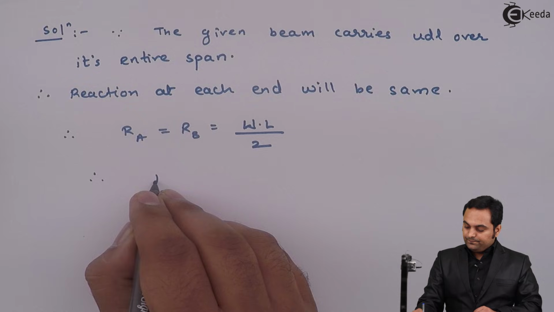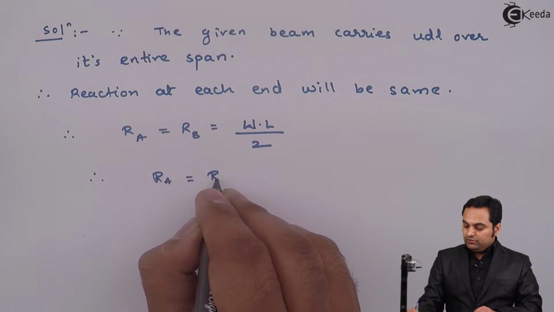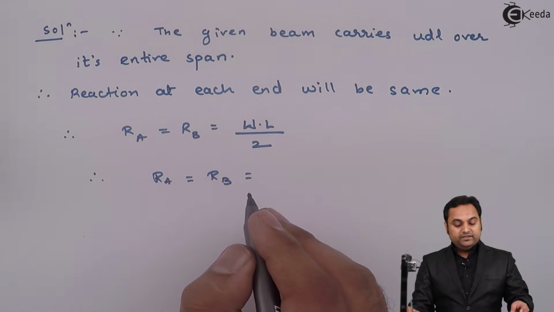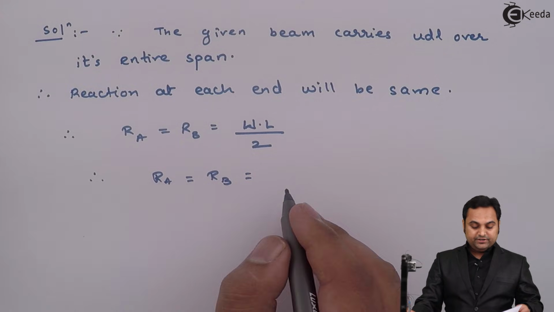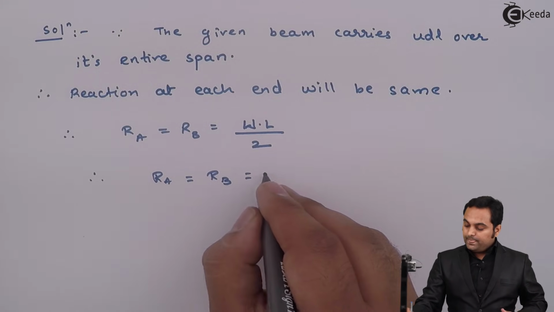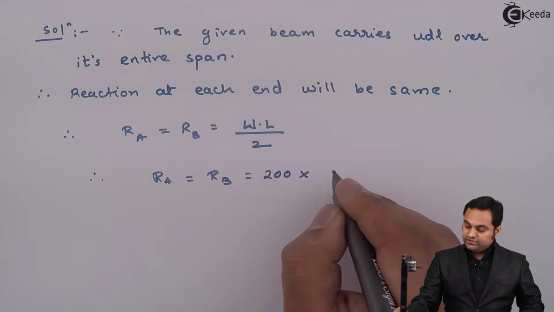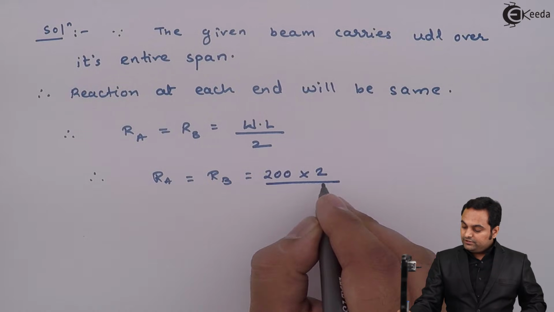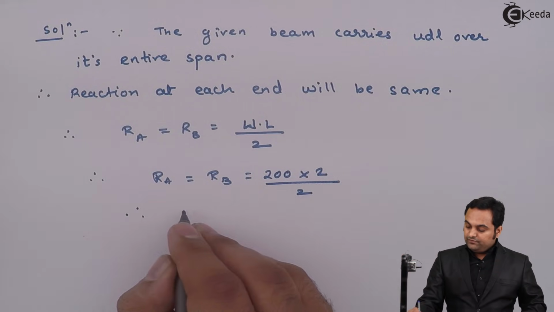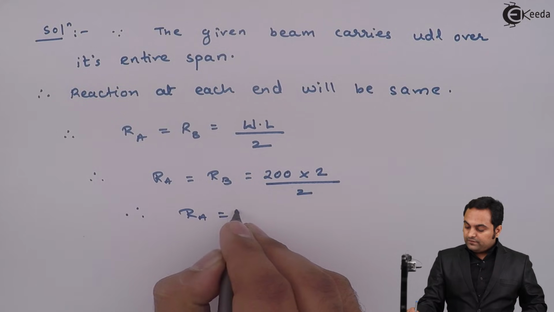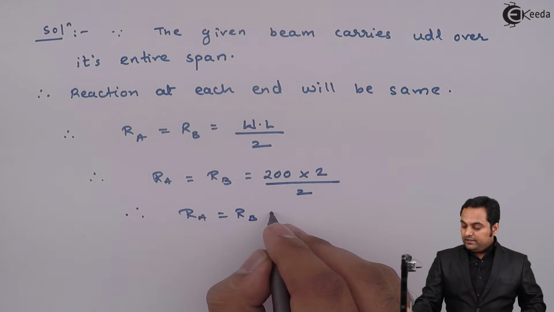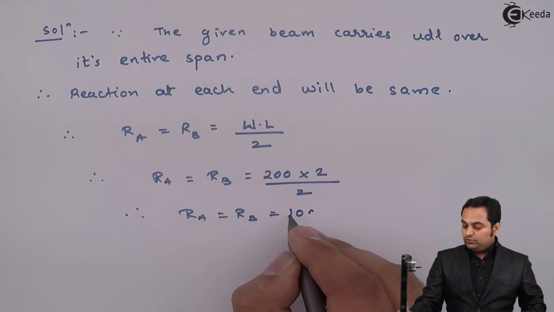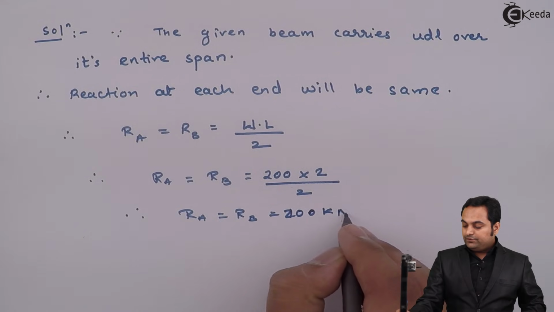So therefore RA is equal to RB, and that will be W value is 200 kilonewton per meter, into the span is 2 meter divided by 2. So RA is equal to RB, and it comes out to be 200 kilonewton.